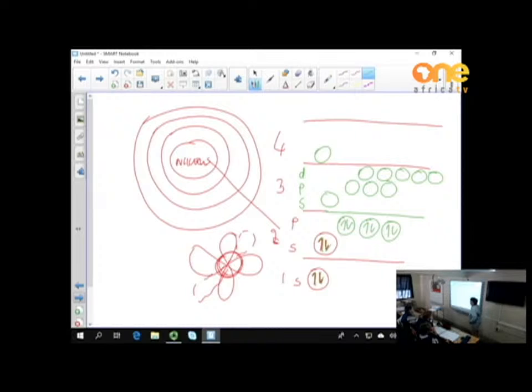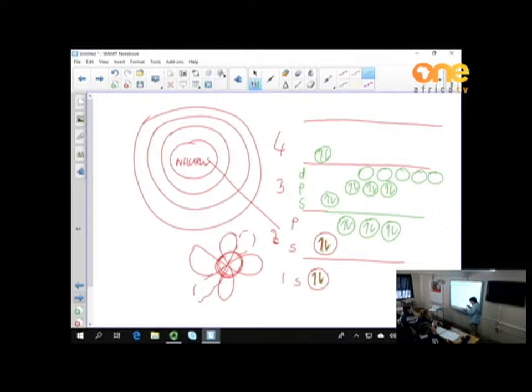Let's say element number 20 is calcium. So calcium is 1, 2, 3, 4, 5, 6, 7, 8, 9, 10, 11, 12, 13, 14, 15, 16, 17, 18. Now it jumps that one, 19, 20. Because the picture of this is, there's our first subcell.